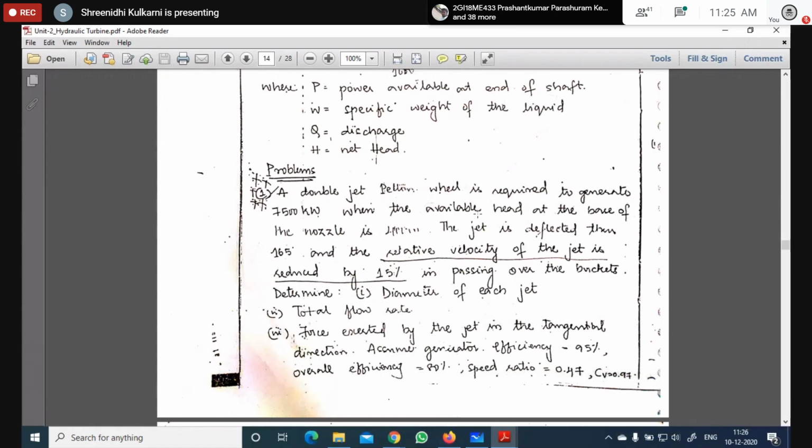Next, the jet is deflected through 165 degrees. What does this mean?